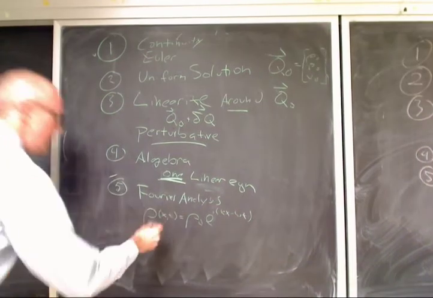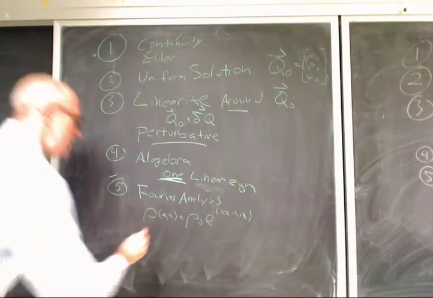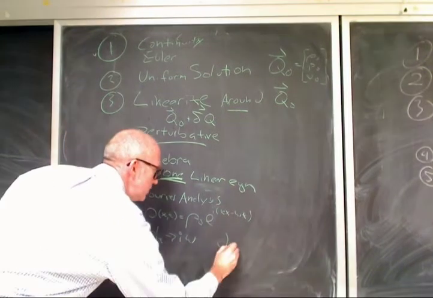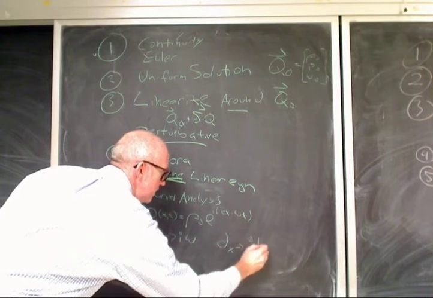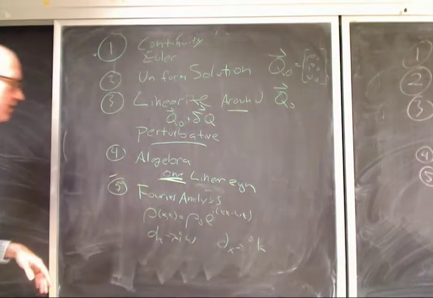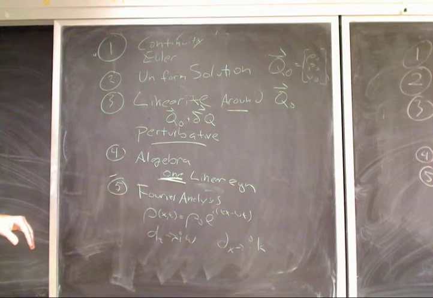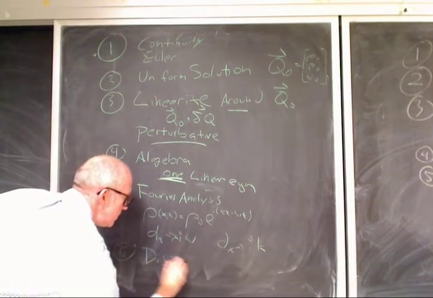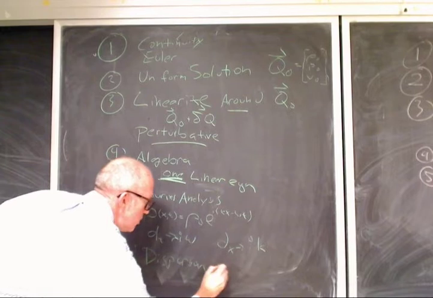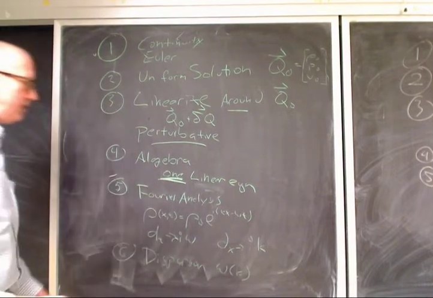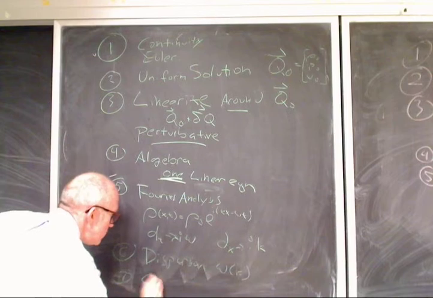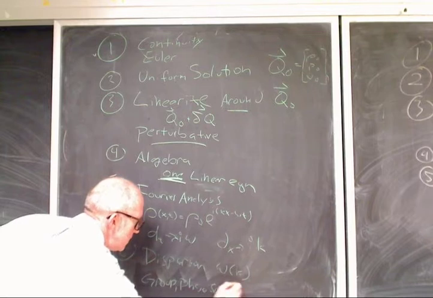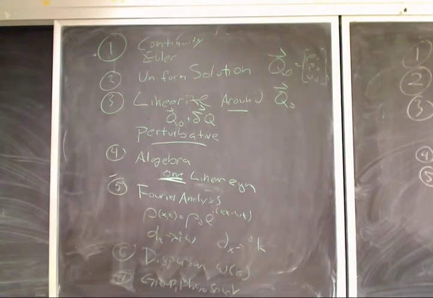So you plug this in, and one of the upshots of Fourier analysis is time derivatives go to minus i omega, because of the minus, and space derivatives go to i k. And then you're left with the dispersion relation, omega versus k. And from that, you can find group and phase speeds. Is that everything? Yeah.